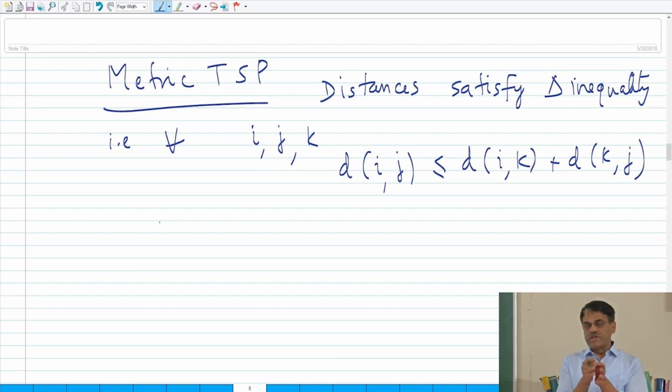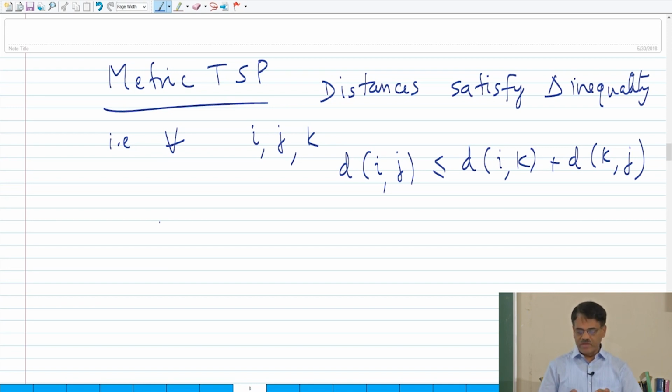It is not generally true, but my distances satisfy this condition. I am going to look at that special class of TSPs, and then look at approximation algorithms for them. First I need to ensure that this special class of TSPs is NP hard. If they are polynomial time solvable, then why would I even care about approximation algorithms? Are they NP hard?